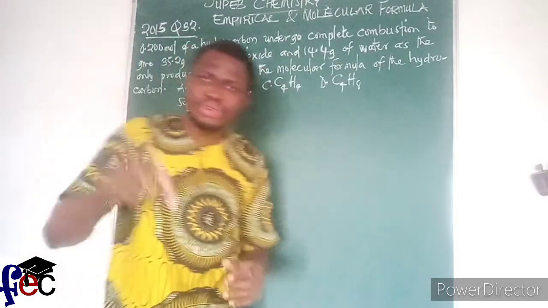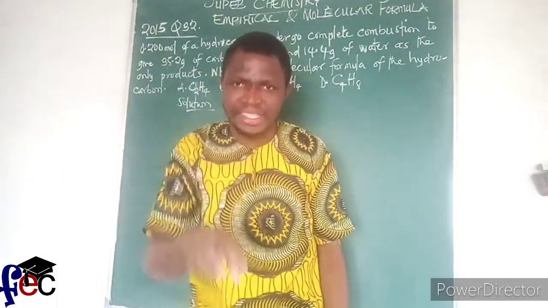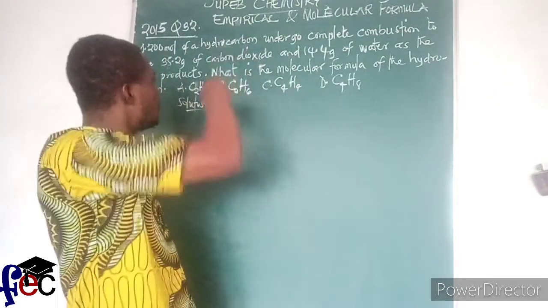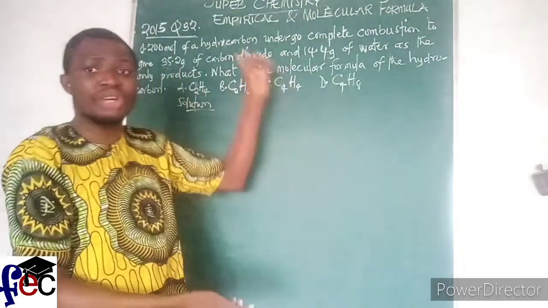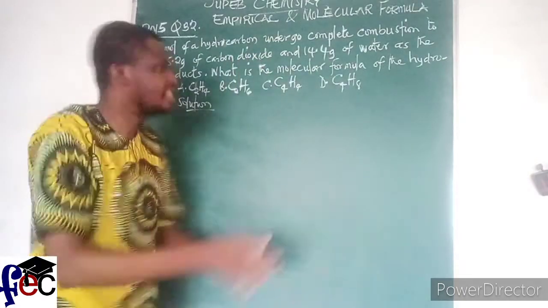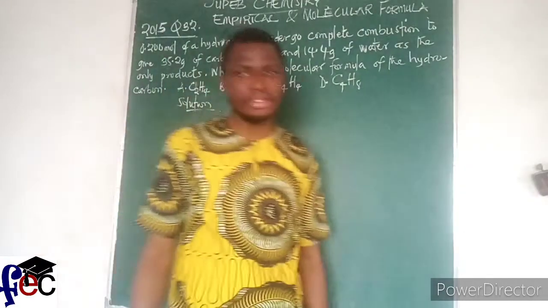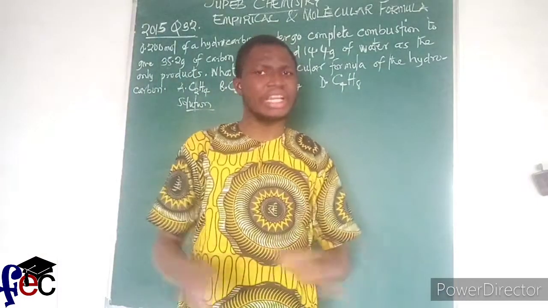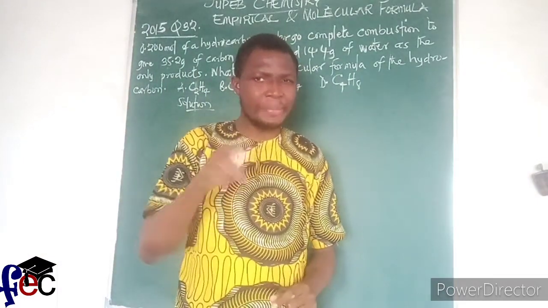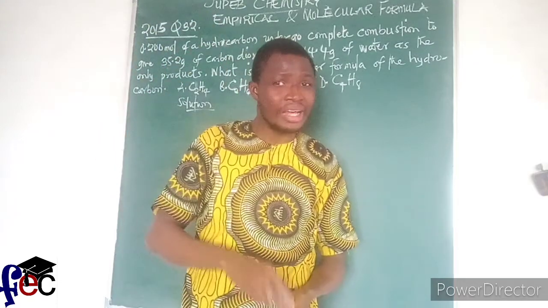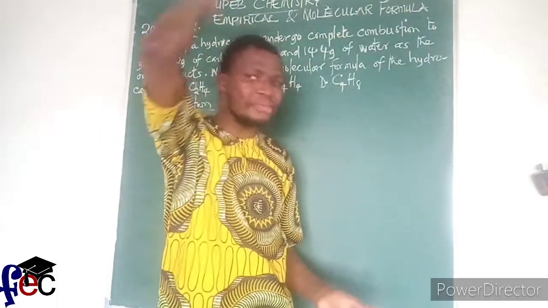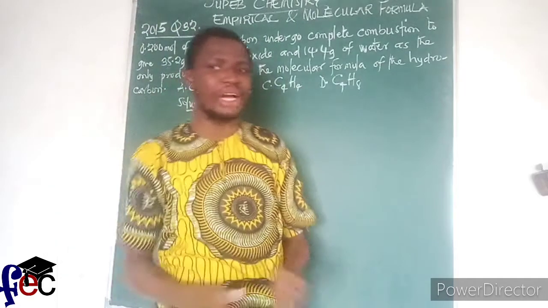So that shows that the masses of the carbon and the hydrogen in the hydrocarbon are now hidden inside what? Carbon dioxide and water. So all I need to do is now analyze. Whatever be the mass of carbon inside carbon dioxide must have been the mass of carbon present in the hydrocarbon.